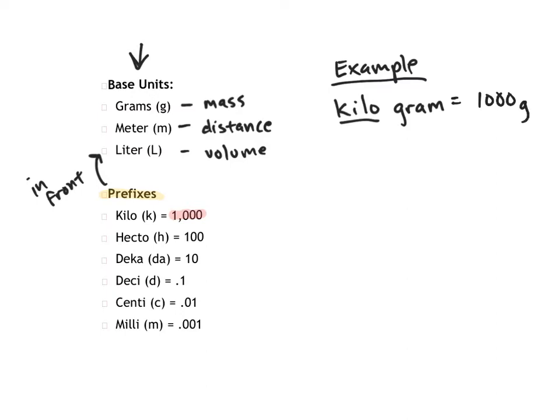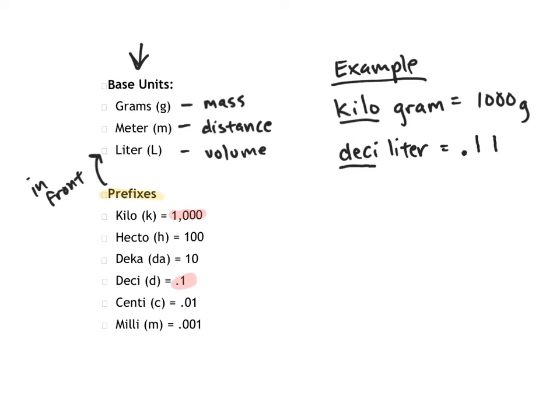If I had deciliter, deci is 0.1. So if I have a deciliter, then I have 0.1 of a liter.